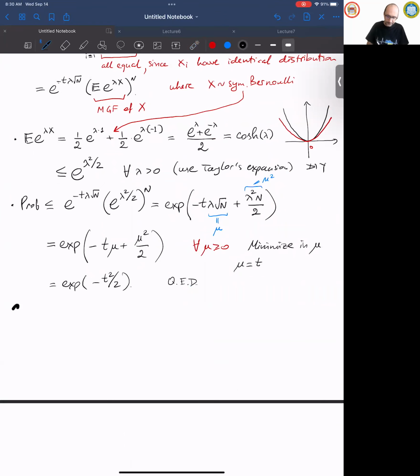So, for example, the corollary would be that in n flips of a fair coin, the probability of having at least 75% of the heads is exponentially small.